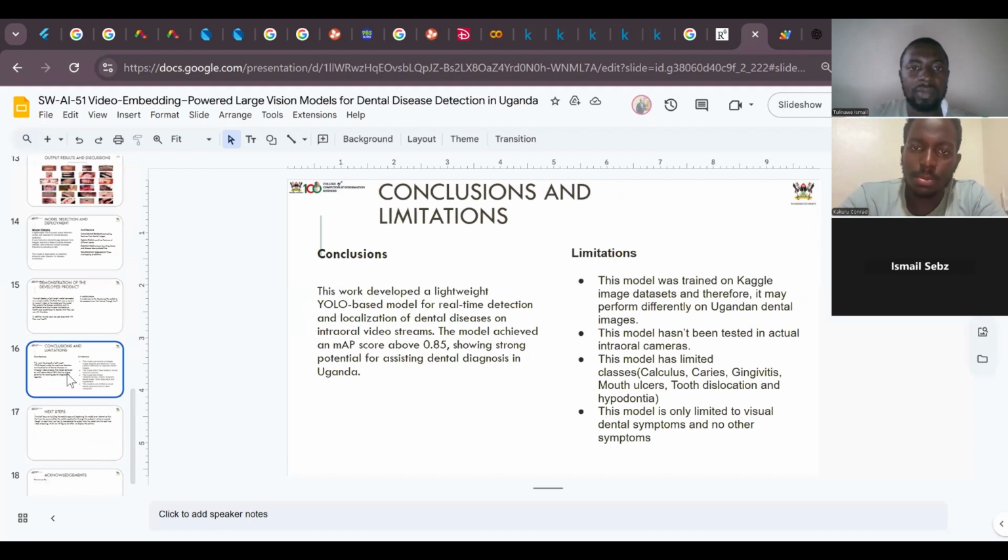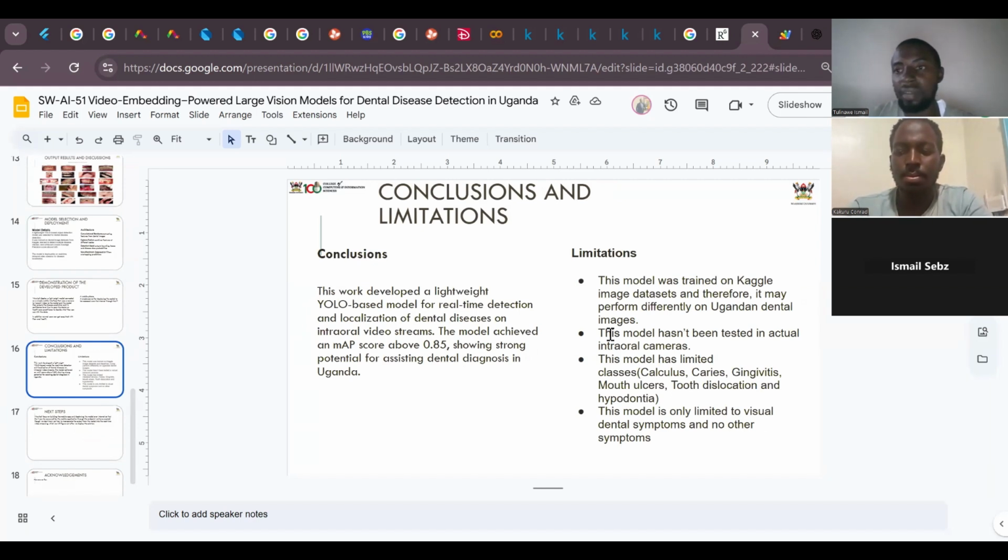Then the conclusions. We were able to develop the lightweight model. We trained it, and we tested it. And here are some limitations. We trained it on Kaggle images, but not actually Ugandan images.